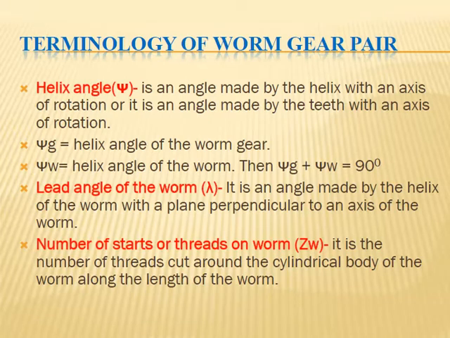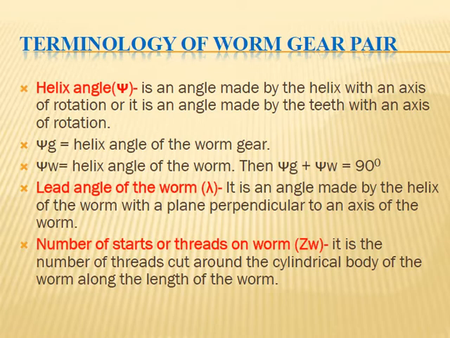First, the terminology or nomenclature is the helix angle. Helix angle is the angle made by the helix with the axis of rotation. A worm and worm gear have the same helix angle and the same hand of helix.